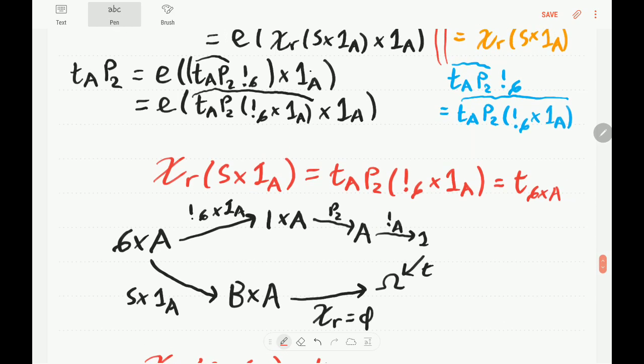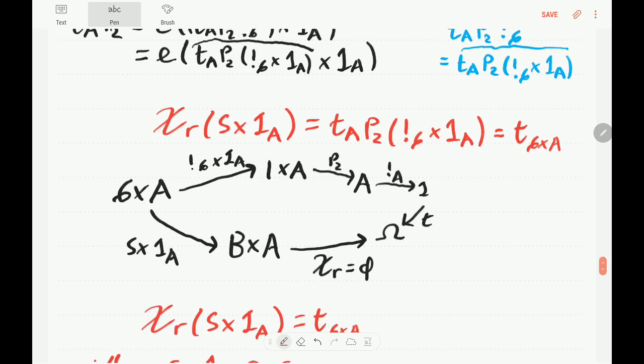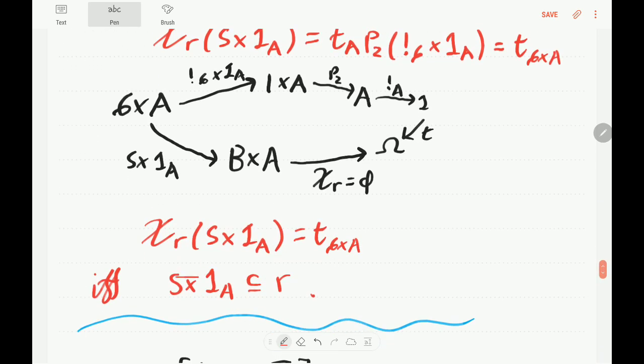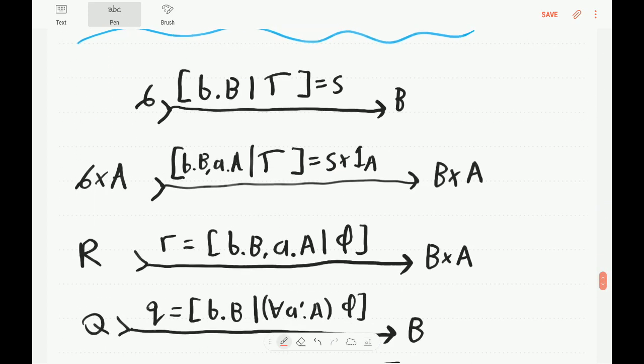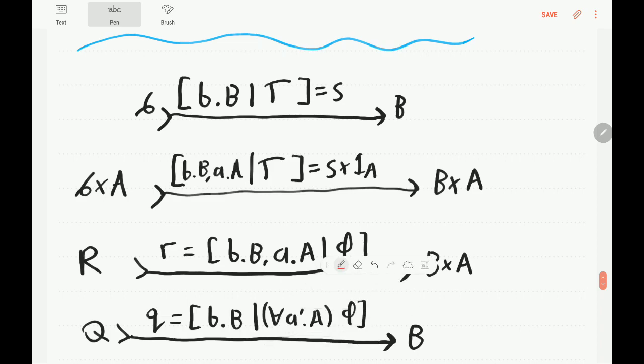So what's that mean? Well, if we just apply our notion of the sub-object classifier, we see that this is equivalent to saying that s times 1a is in R. So we're actually done with all the reasoning. Now we just need to put it all together. So let's just remember what all this stuff means and we'll get the result we're after.